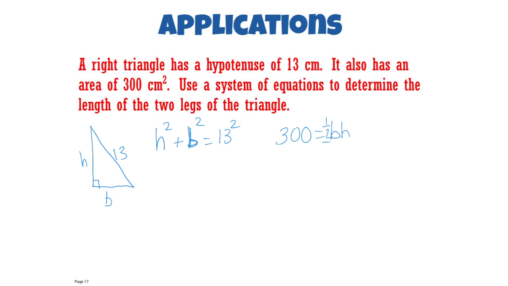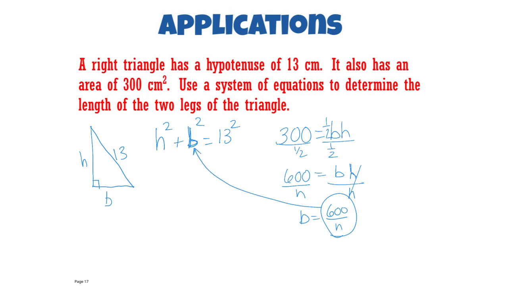So I'm going to divide by the 1/2, which is the same as multiplying by a 2. So that's 600 equals BH. And just for the heck of it, I'm going to solve for the B. So I'm going to divide both sides by H. So here's what I've got. B is equal to 600 over H, and that's what I'm going to plug in for B right there.